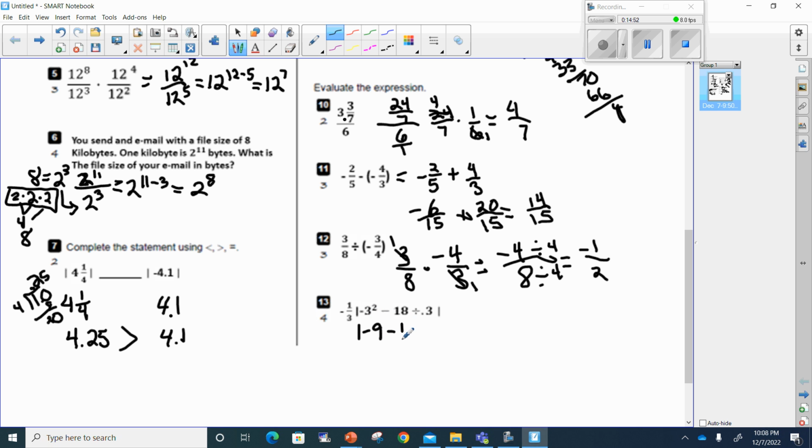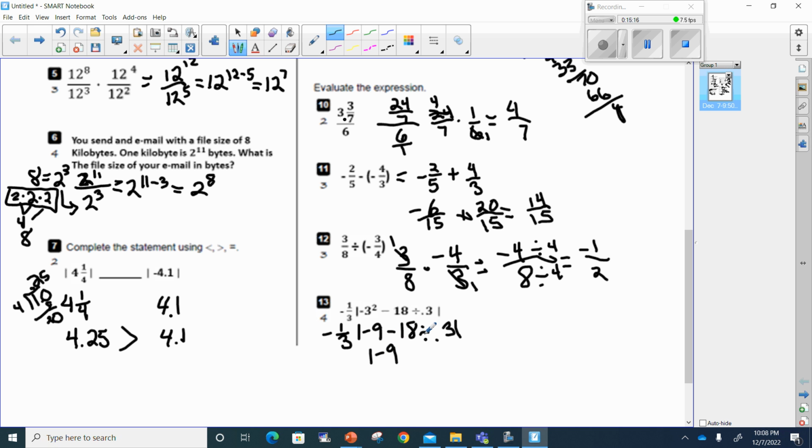Now we've got negative 9 minus 18 divided by 0.3. All this is in the absolute value sign, and we have the negative 1/3 outside. I still have to work out inside here. I know 18 divided by 3 is 6, and I can rewrite this as negative 9.